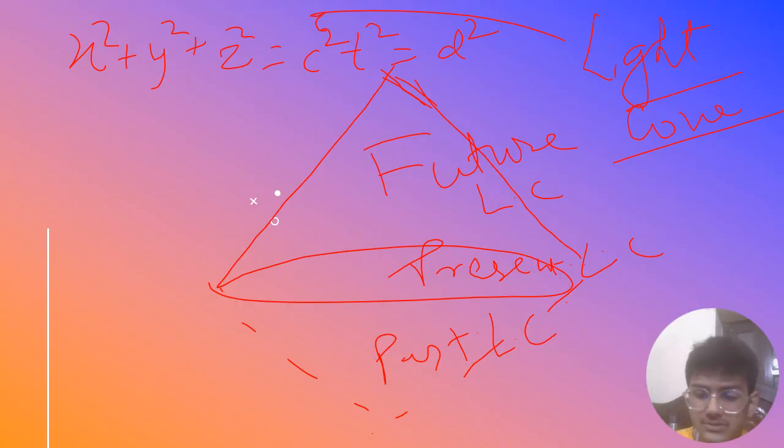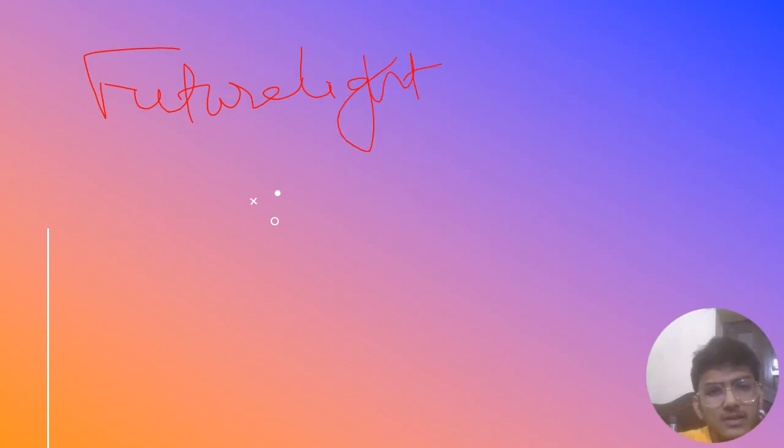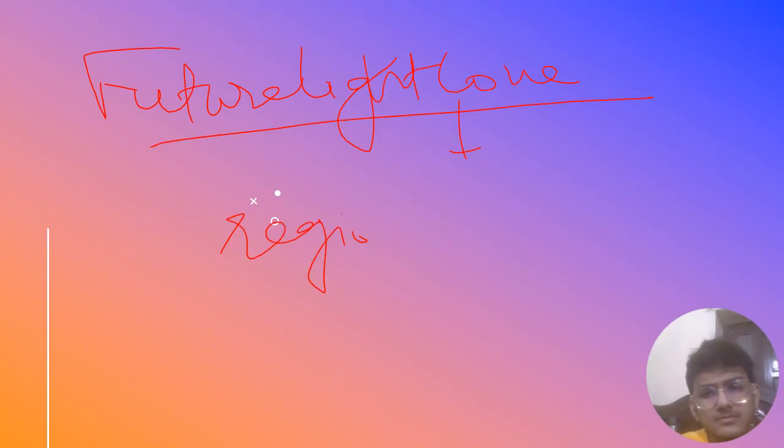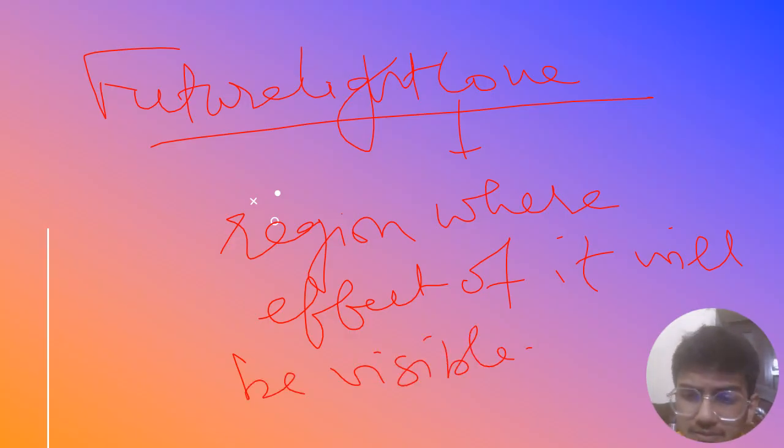So let's define it. The future light cone is the region where the effect of it will be visible. When its effect will be visible, that is the future light cone.